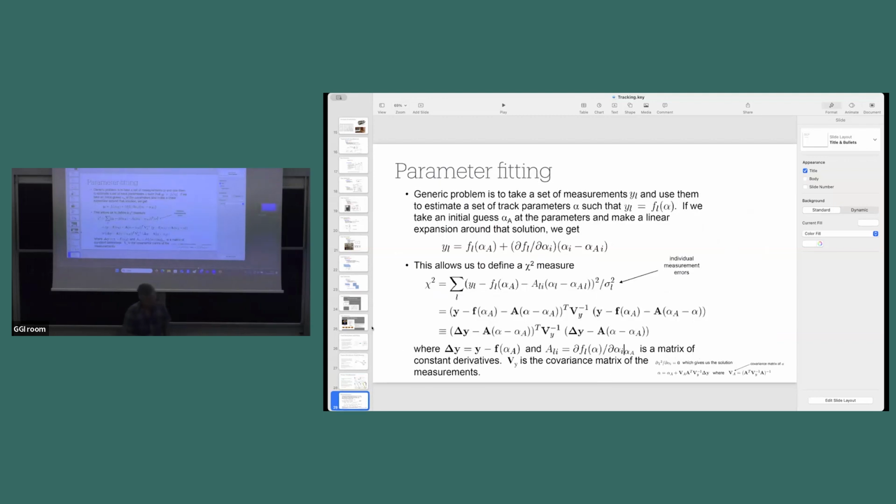So once you have that set of parameters, you need some way to figure out what the parameters are that you want. The simplest way is to put it in some sort of chi-squared, where you have a prediction based on a particular model, a track parameter. If you think it's going in a circle, for example, or a helix, or a circle in the transverse plane, you can form a chi-squared, which tells you something about the track parameters.